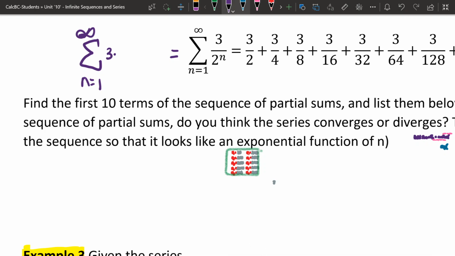We can rewrite that as 3 times 1 over 2 to the n. All right, the 3 is not being raised to the n power, so we need to pull that out before we put that nth power up there. Okay, so now we've got an exponential there. We've got 1/2, which is what is being raised to the n power. That's our common ratio, essentially.